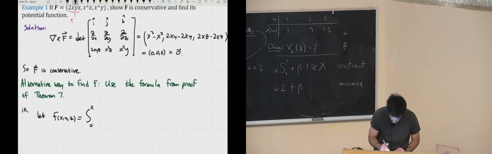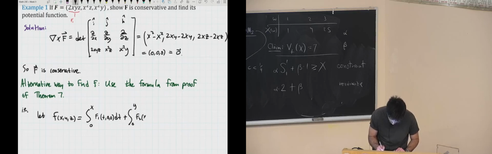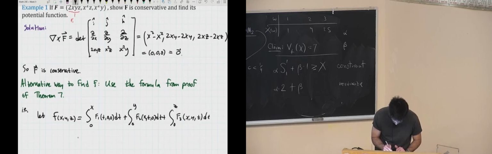So it's the integral from 0 to x of f1 of t, 0, 0 dt, plus the integral from 0 to y of f2 of x, t, 0 dt, plus the integral from 0 to z of f3 of x, y, t dt.